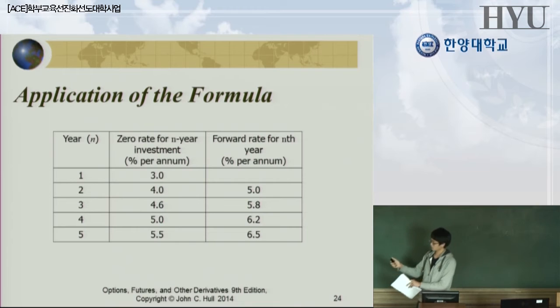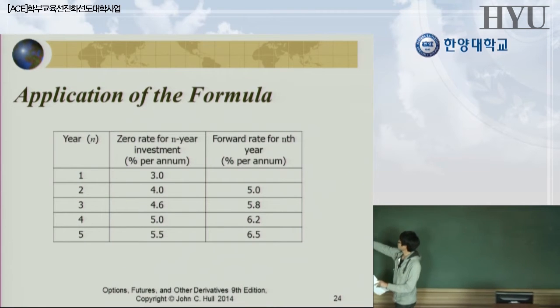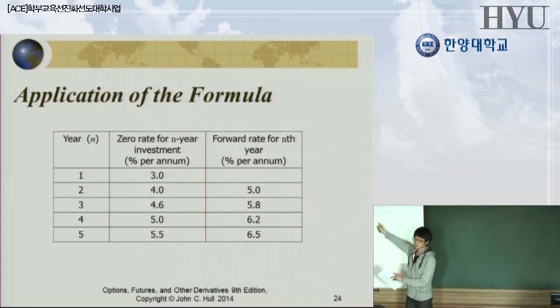So it means that if we invest 1 year at 3% and then invest 1 more year at 5%, it is almost the same as investing at 4% for 2 years. So 3 plus 5 is the same as 2 times 4.